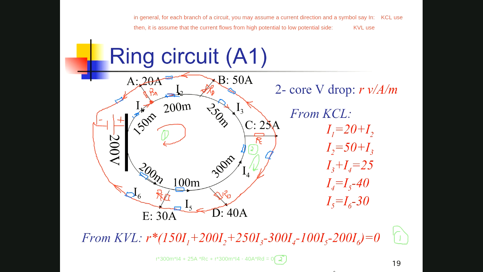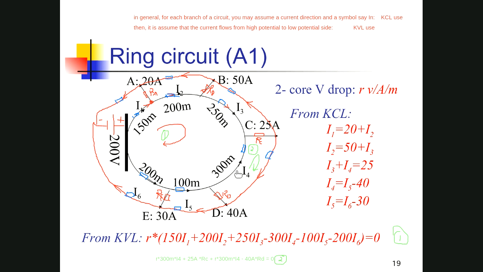Now, before we go to the next slide, let's check the voltage drop issues. As I just said, suppose the currents I1, I2, I3, I4, I5, and I6 have the same directions as the assumptions here.